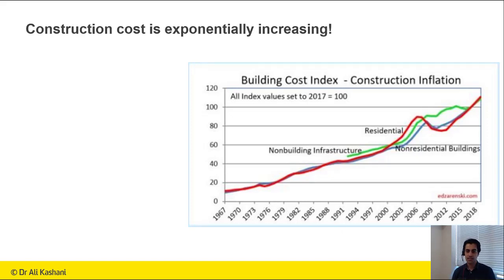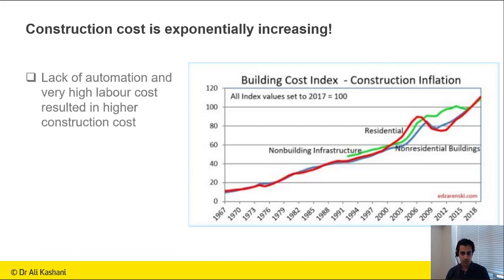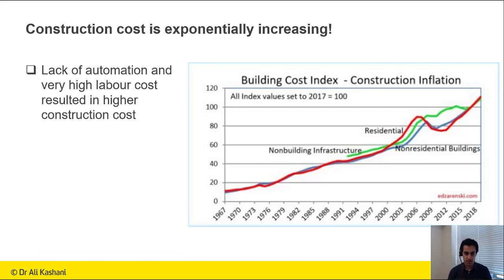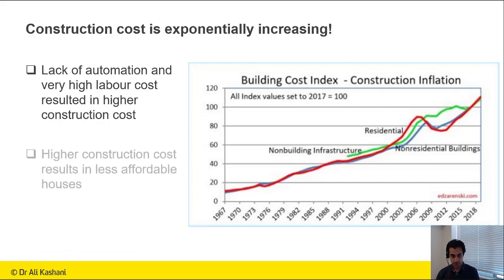If you look at the building cost index from 1967 to 2018, you can see that it has been exponentially increasing in both residential and non-residential building. There are many factors involved, but one factor is the lack of automation, and very high labor costs resulted in higher construction cost.